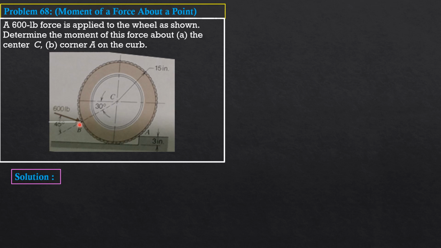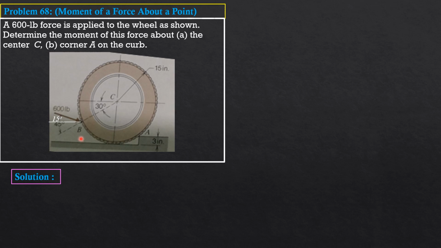So since the total angle here with the radial line is 45 degrees, and the angle that this radial line makes with the horizontal is 30 degrees. So this is 30 degrees. Therefore, this angle that the 600-pound force makes with horizontal is 45 minus 30, so 15 degrees as shown.